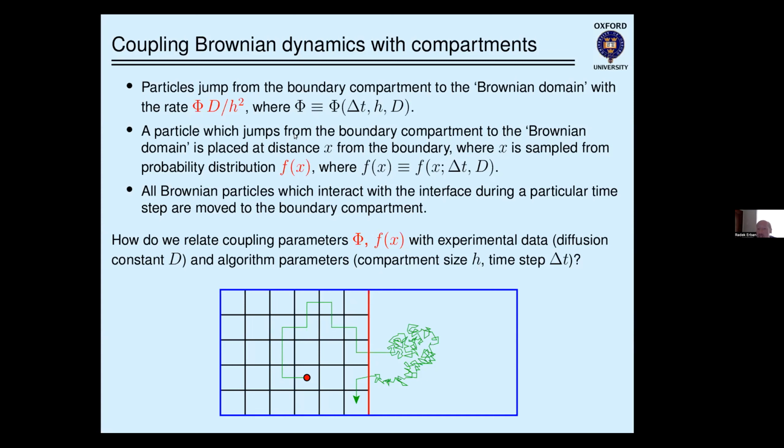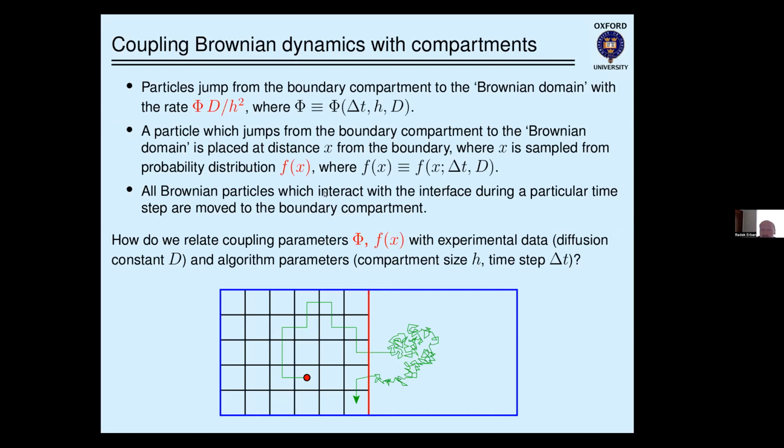Now, if a particle jumps from this boundary compartment, I have to think about where I will place it, because here the particles are just in the compartments, but here they have individual positions. So I have to initialize it, and how far I should initialize it, I'll do according to some probability distribution. This distance x will be sampled, sometimes closer to the boundary, sometimes further, according to some probability distribution.